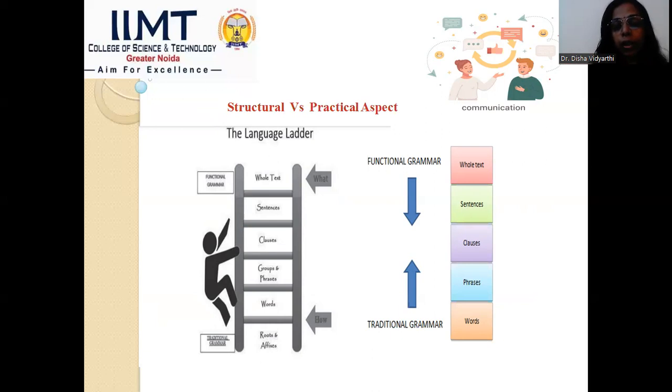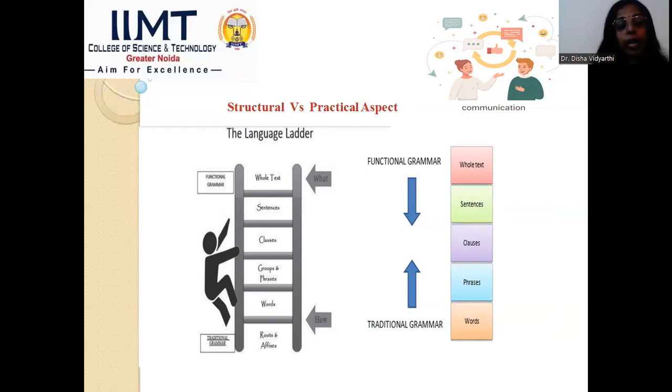Now, if you can see on screen, there's a ladder of language learning or understanding that language. In traditional grammar, the language ladder goes from the bottom up: first the roots and the affixes, then the words, then how the groups and the phrases are formed, then the clauses, and then the sentence, and then the whole text. It is in increasing order, step by step, and then you have climbed the ladder.